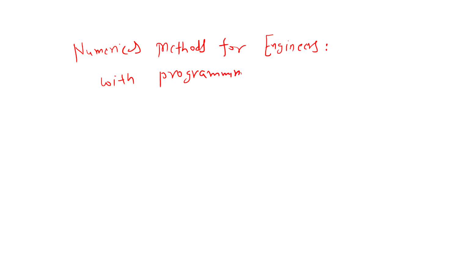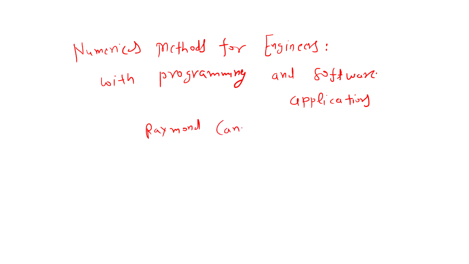Let me give you the exact name of the book. The name of this book is Numerical Methods for Engineers with Programming and Software Applications, and it is written by Raymond Canale and Steven C. Chapra.